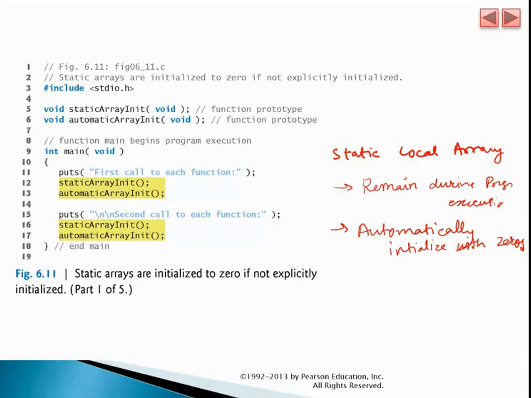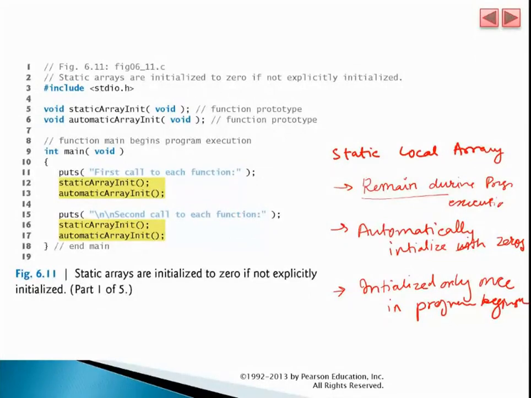But if you do not initialize a static array, it is automatically initialized with all zeros. And it will be initialized only once, in the beginning of the program, and it will remain during the program execution.